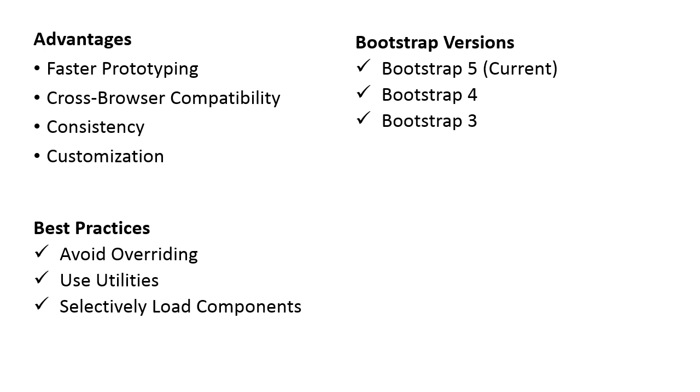So advantages. Faster prototyping, in the sense that ready-made components speed up development. Then cross-browser compatibility. So the cross-browser compatibility consists of consistent appearance across browsers like Chrome, Firefox, Safari, and Edge.